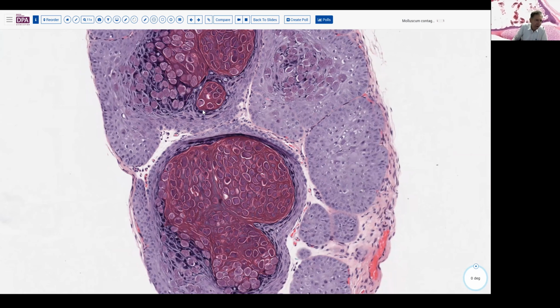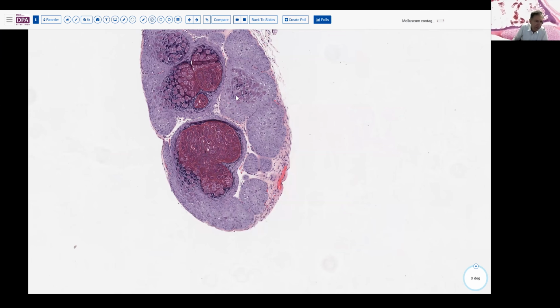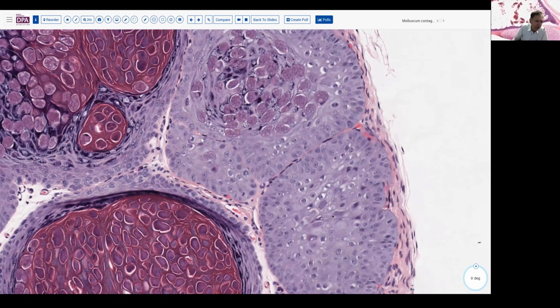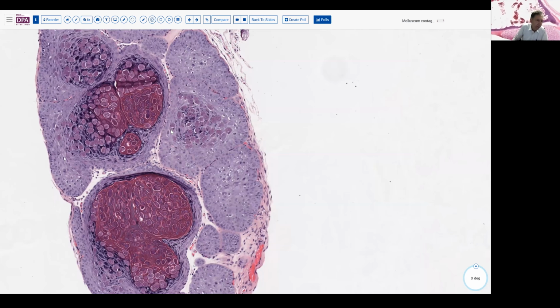And the association with a little bit of hypergranulosis is also characteristic of this lesion. So you see there's the inclusions, but then we also get very prominent keratohyalin granules associated with this as they mature and are being expelled.